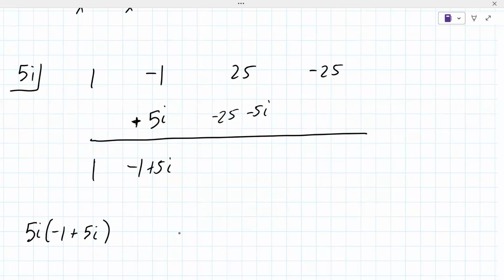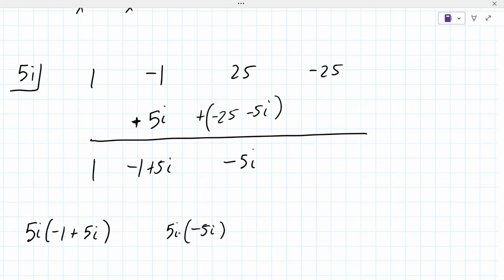So notice that when you add, you're always adding vertically, that it just becomes minus 5i. So I just do negative 5i times 5i. That's right. Yep.